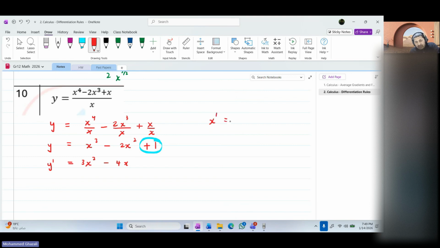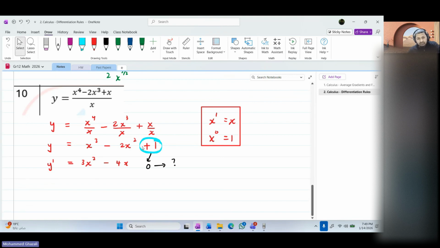Anything to the power 1 is just x. That's the reason why I'm not putting it there. And what's the derivative of a constant? 0, okay? And you know why, because it's a horizontal line. And that's my answer. My answer is just 3x squared minus 4x.